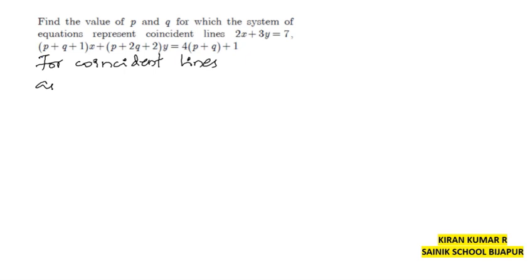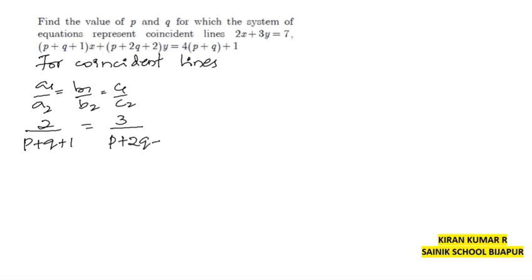Quickly let us substitute. 2 divided by p plus q plus 1 will be equal to 3 divided by p plus 2q plus 2, which is equal to 7 divided by 4 times p plus q plus 1. Now from this we have to find the value of p and q.